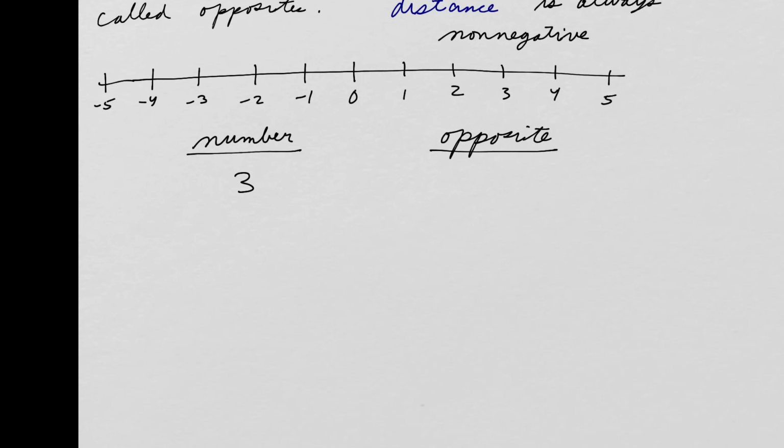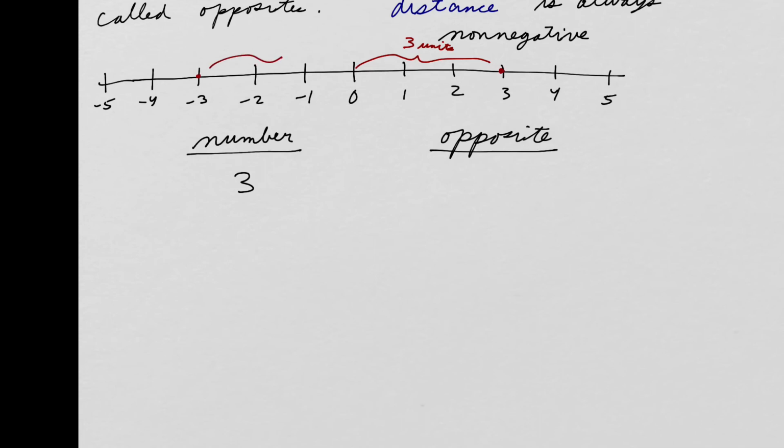And again, it goes on forever, in both directions. So where is 3? Well, 3 is right here. And how far away is that from 0? Well, it's 3 units from 0. So what number on the opposite side of 0 is also 3 units away from 0? Well, that number must be -3, right?